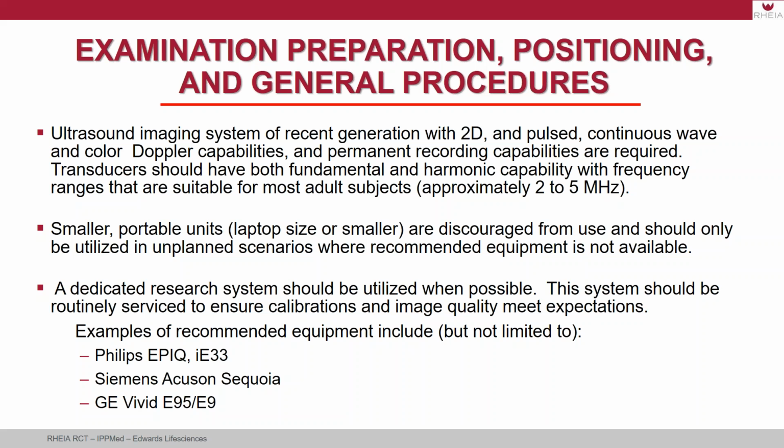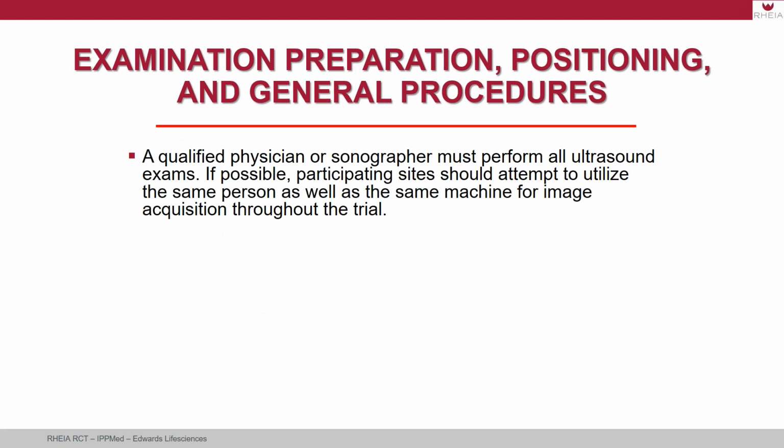We would like you to use a state-of-the-art Doppler echo system, a newer generation. This could be a Philips Epiq IE33, Siemens Sequoia, or GE Vivid E95 or E9, with the typical probe and frequency range that you are generally using.